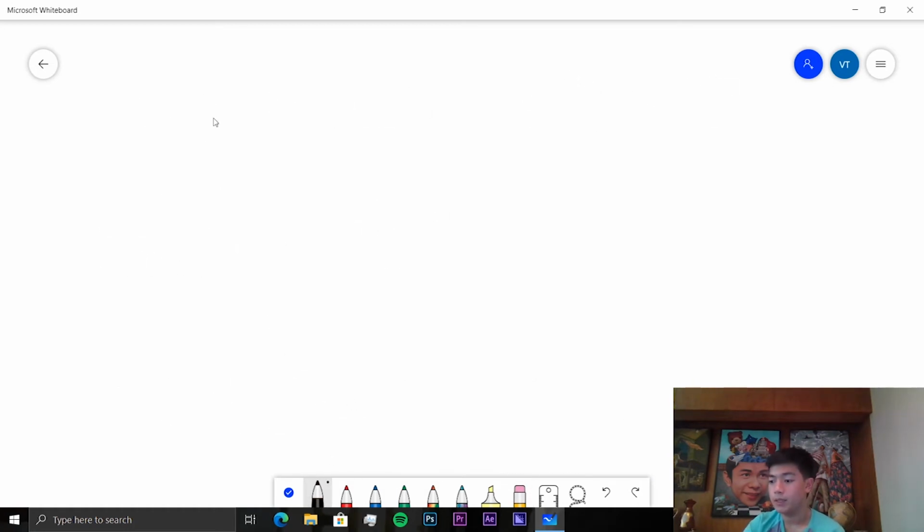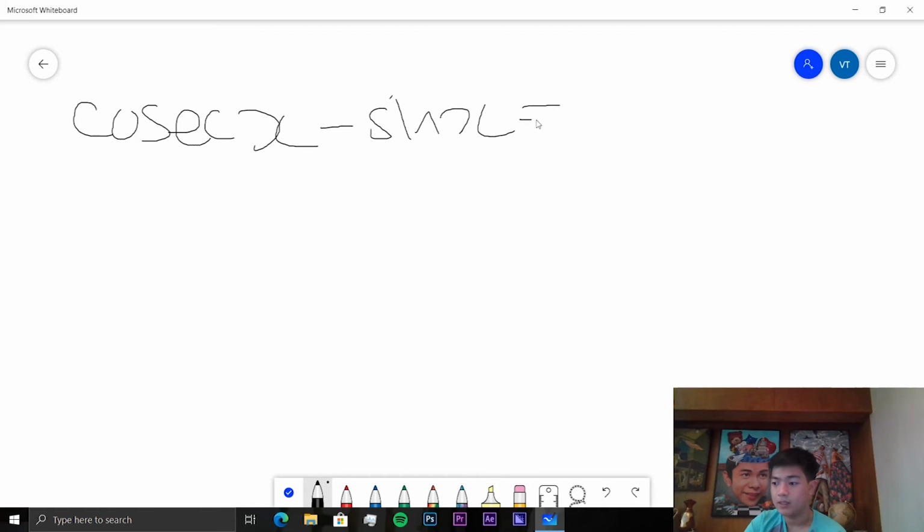Next, we need to prove that cosecant x minus sine x is equal to cosine x times cotangent of x. What do we have here? 1 over sine x minus sine x.